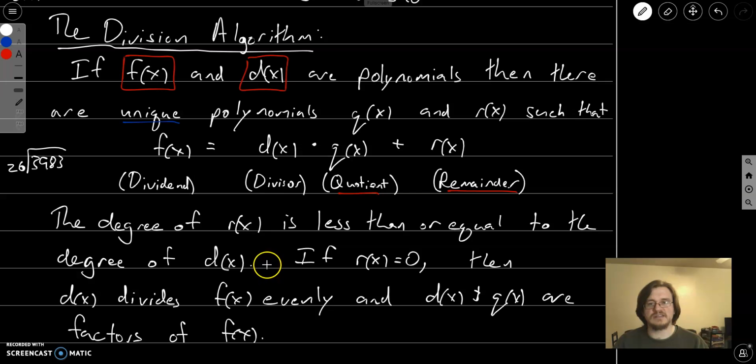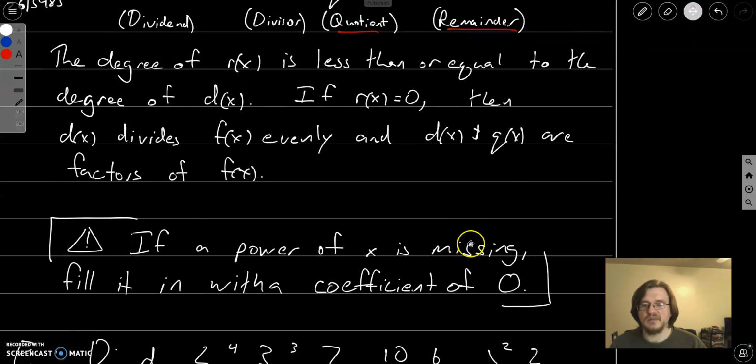Again, the degree is just the highest power of x that we see. And then finally, if the remainder is 0, that means that our divisor divided the dividend evenly. So if there's no remainder, we just say that it was divided evenly. So that's quite nice when this happens.